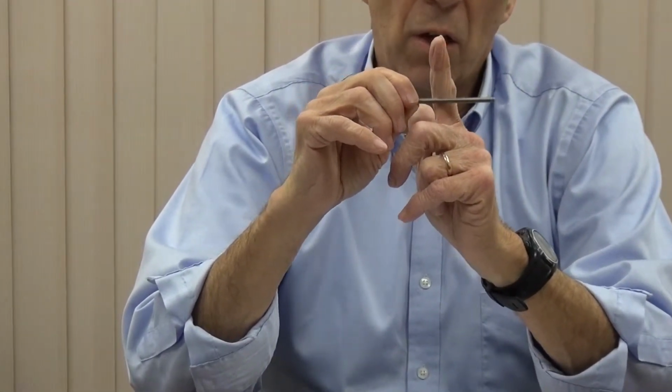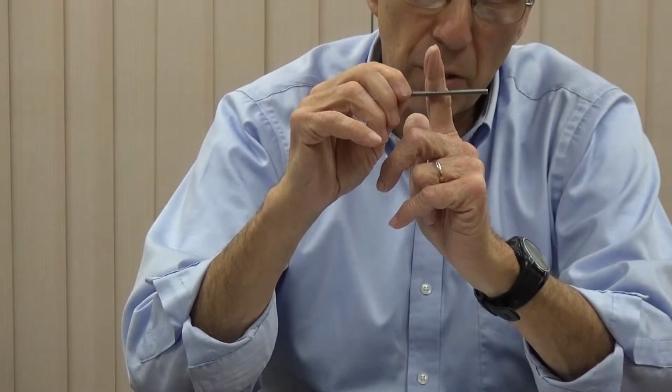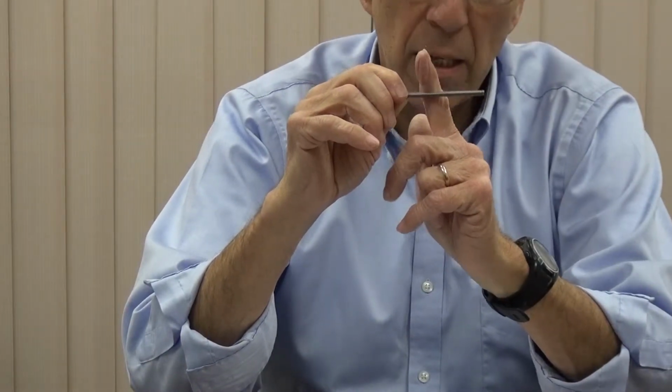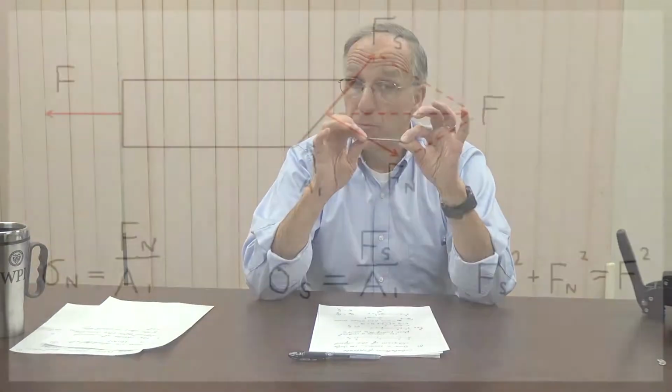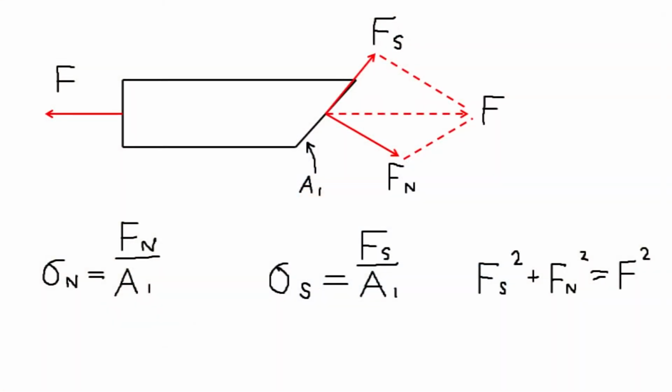Now, on the other hand, if I change the orientation of the plane, that is, instead of thinking of the bolt being cut along a plane perpendicular to its axis, I cut it along a slant plane, then nonetheless I still have to equilibrate those two forces. So the net force on that slant plane is the same as on really any plane that I cut through the bolt.